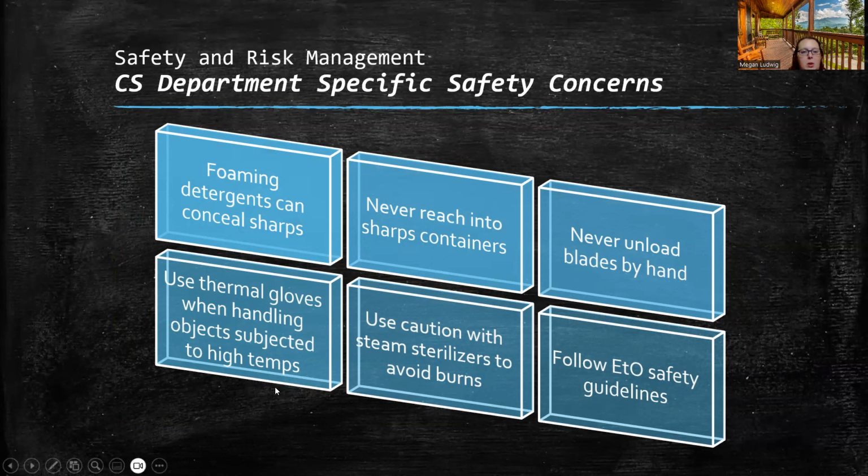Some things come out of sterilizers at very high temperatures, like immediate use steam sterilization. Always protect your hands. That's super hot. It was just in there at like 270 degrees. It'll burn you. So again, use caution with any sterilizer if it's hot. And then follow ETO safety guidelines. ETO is ethylene oxide, and it's one of those chemicals that could be potentially very harmful.